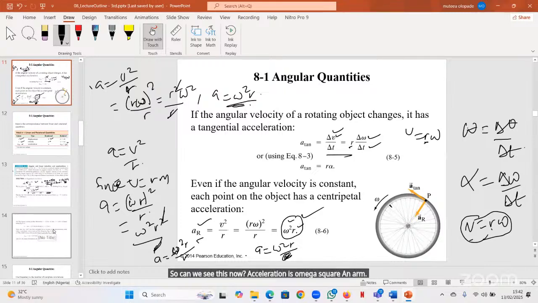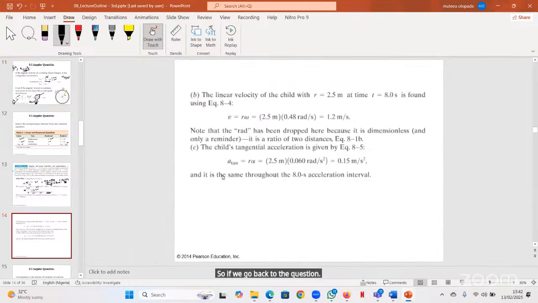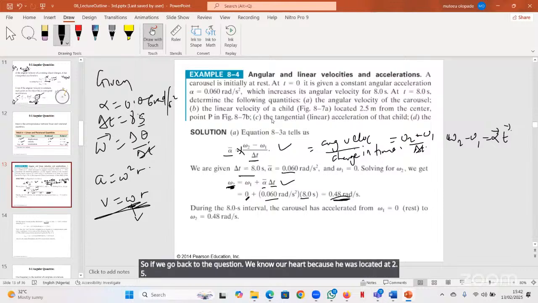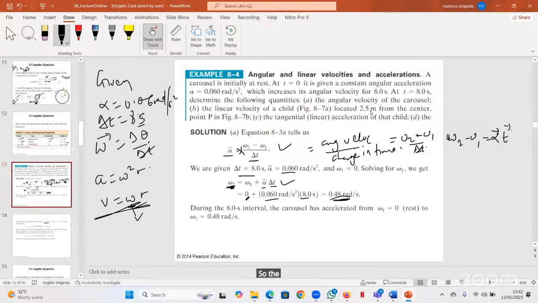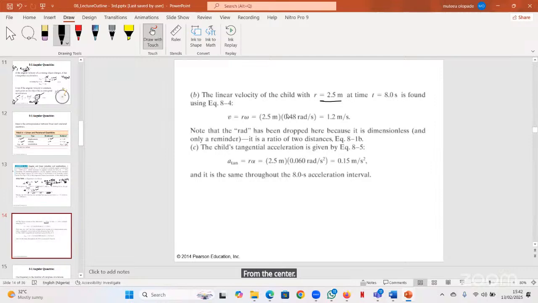So if we go back to the question, we know our r because it was located at 2.5 meters from the center. So that means our r is 2.5.